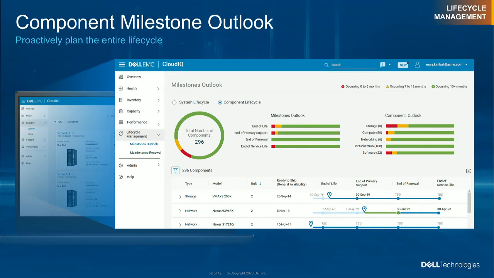Yeah, here we go. Okay, so we are adding to that view so that we give you basically a component milestone outlook in the first phase, where we will allow you to see all of the various subsystems that are in here: storage, network, compute, etc., and the life cycle of those.